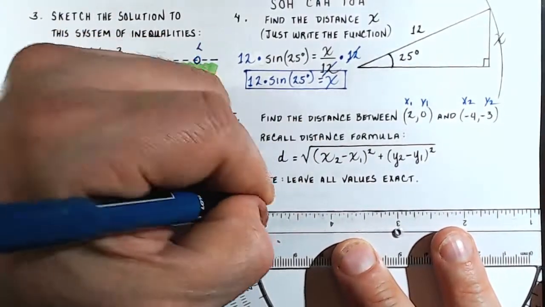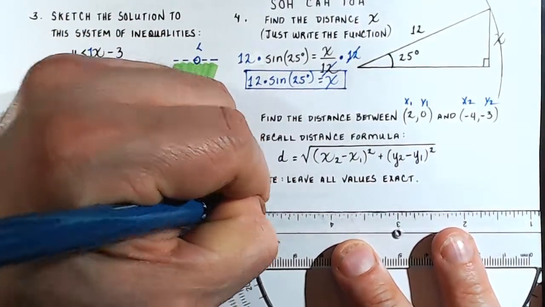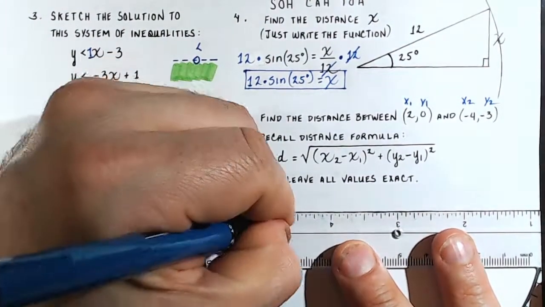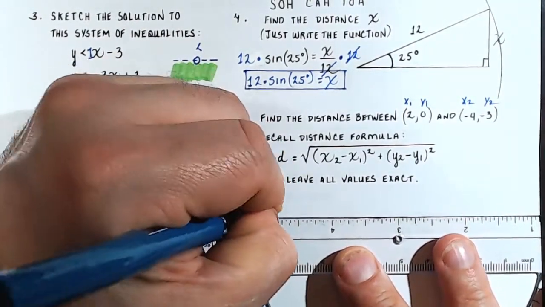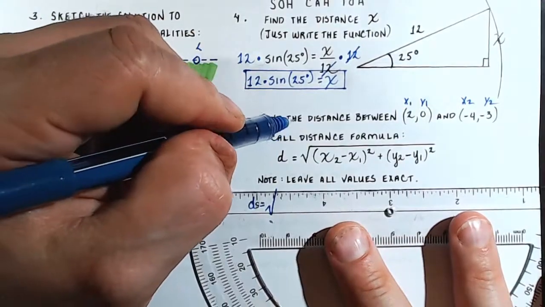Okay, so let's write d equals, big, long square root symbol, straight edge strongly preferred.